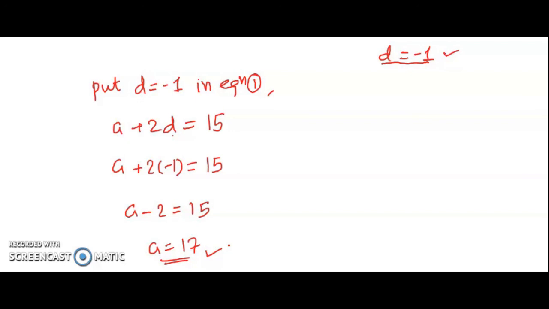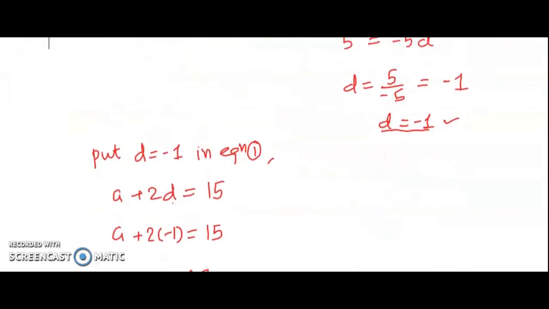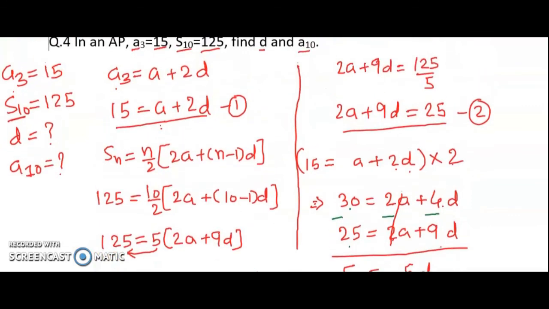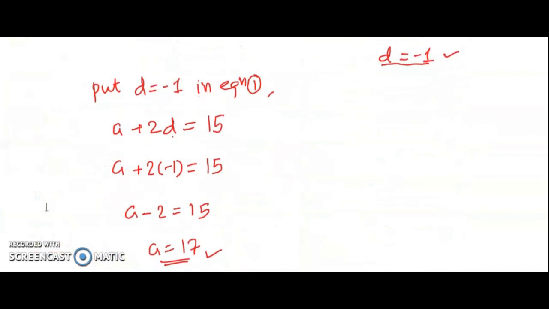Now what do we have to find here? In the question, first we have to find d, that we have already found. And another thing, we have to find a10.